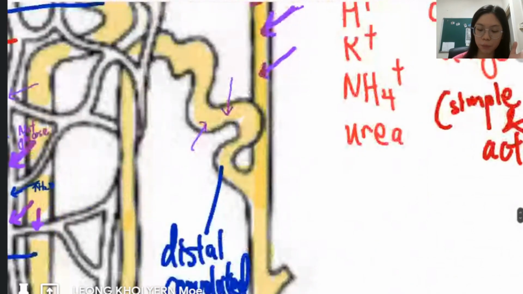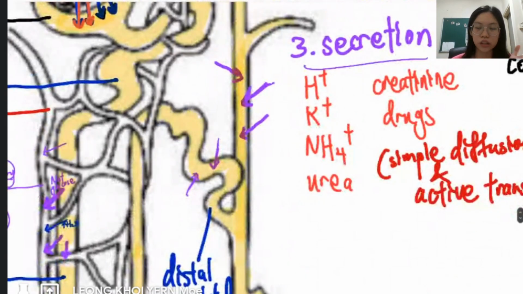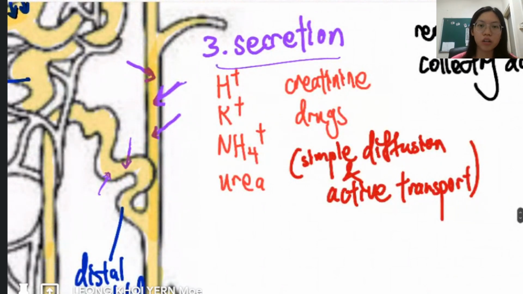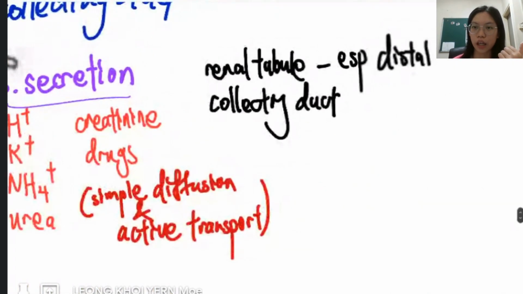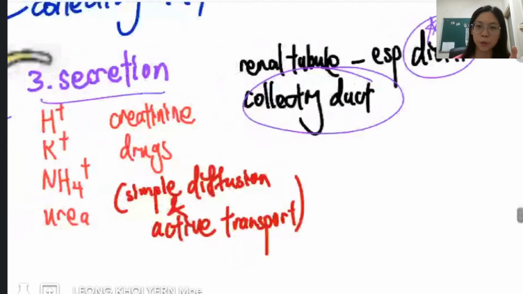But now you don't want it, so you secrete it out to the distal convoluted tubule and collecting duct. So secretion occurs along the renal tubule and collecting duct, but most active are your distal convoluted tubule and your collecting duct.